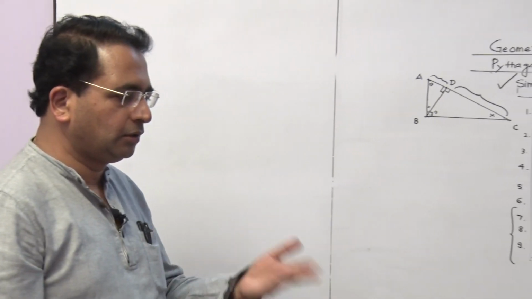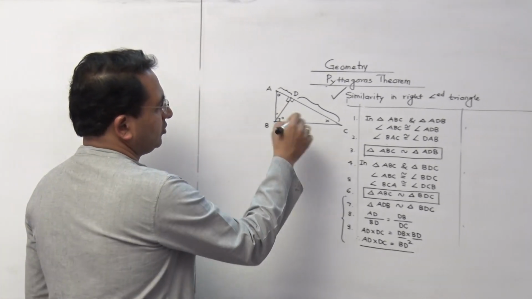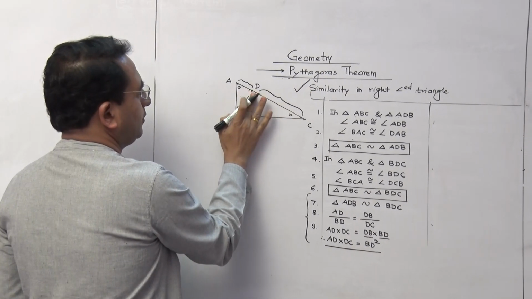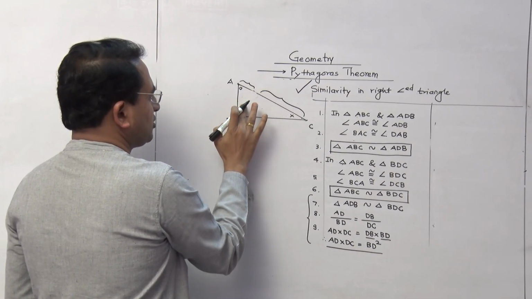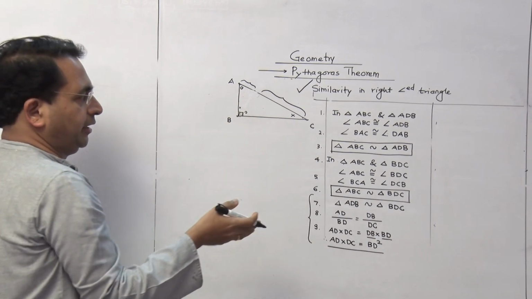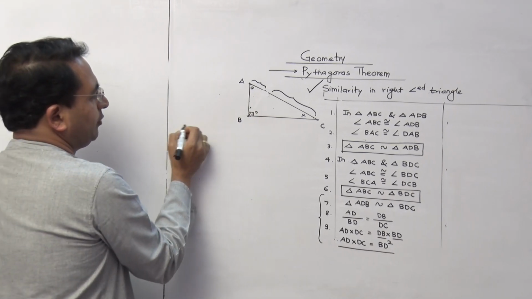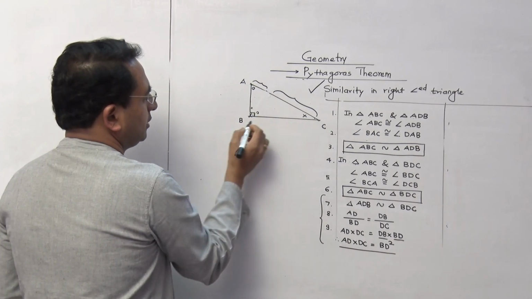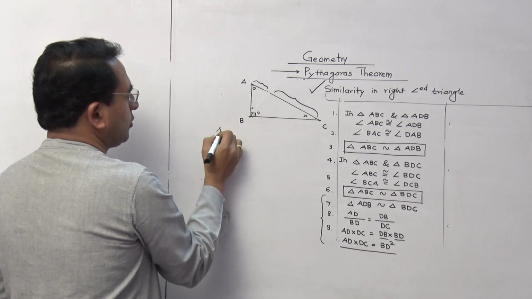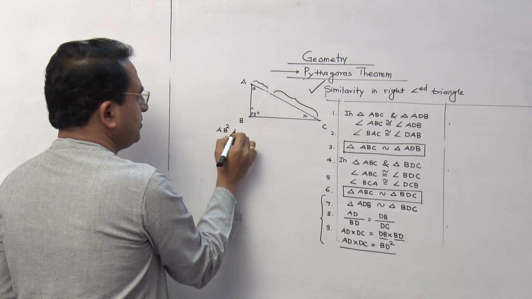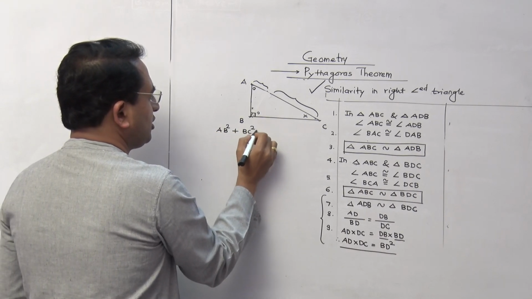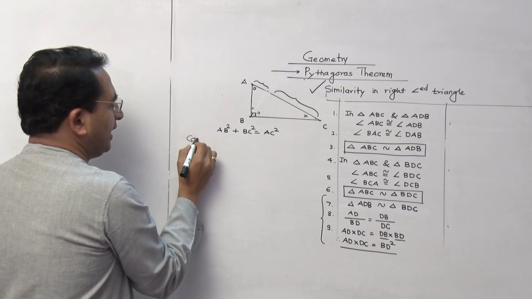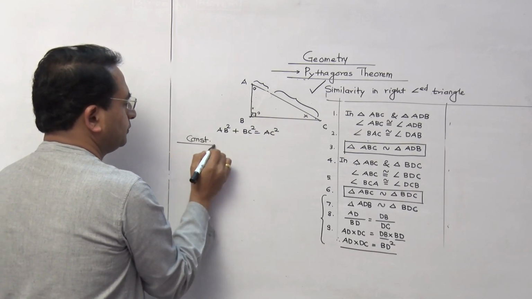Now we will start with this new theorem, the Pythagoras theorem, based on the same diagram, but this part is not there in the beginning. What they will say: given is triangle ABC where angle ABC is 90 degrees, show that AB square plus BC square is equal to AC square. Now this middle line is a construction.